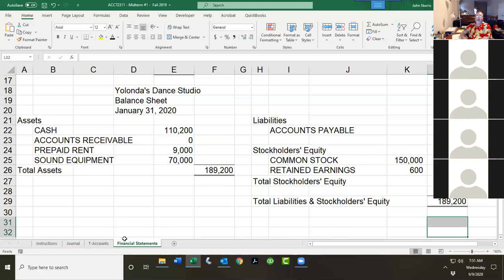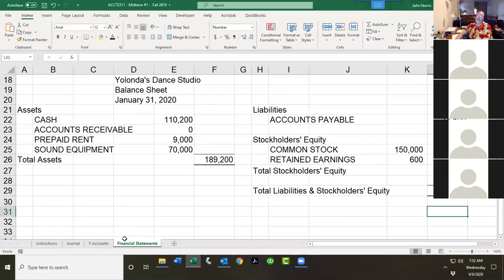If neither one of those finds your error for you, then divide it by 9, and if it's equally divisible by 9, then that's a transposition error. Like I showed, the 12,500 was erroneously recorded as 15,200. So those are the 3 techniques to find a balance sheet that does not balance.